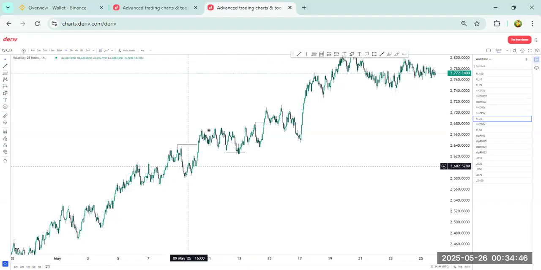So expansion, consolidation, you see something like this. This was a low, a high, a higher low, higher high. So this was an expansion. Right after the expansion, we saw price consolidate, building liquidity. So we kept sweeping the lows.